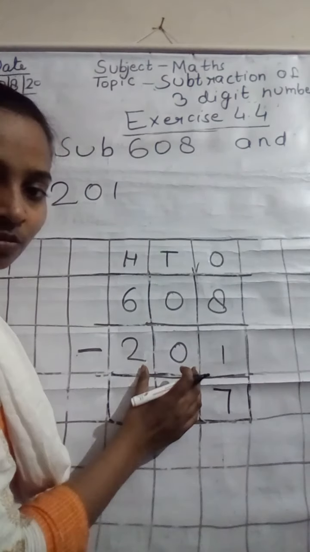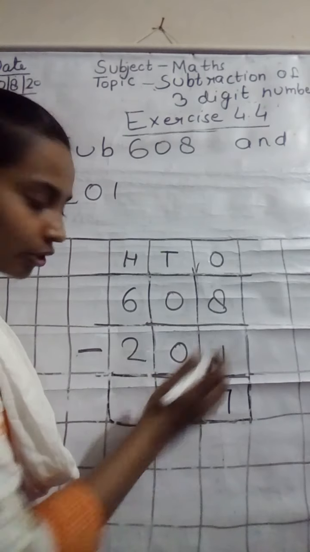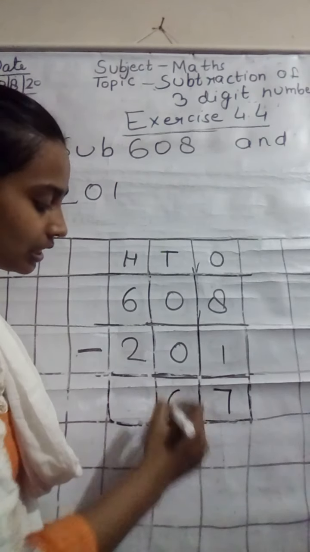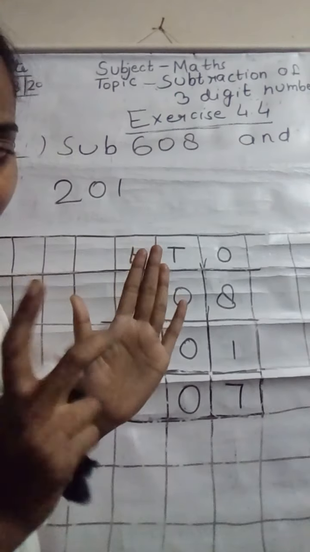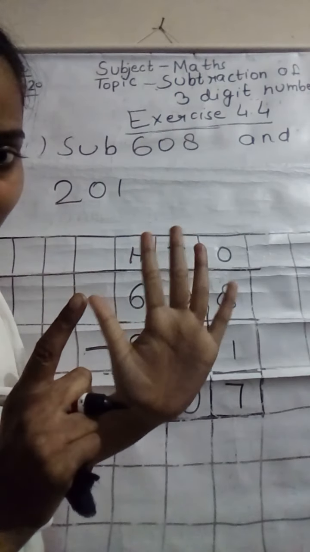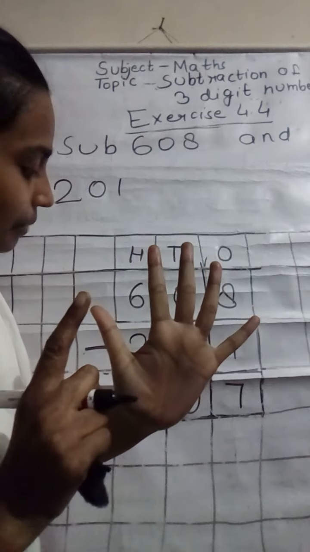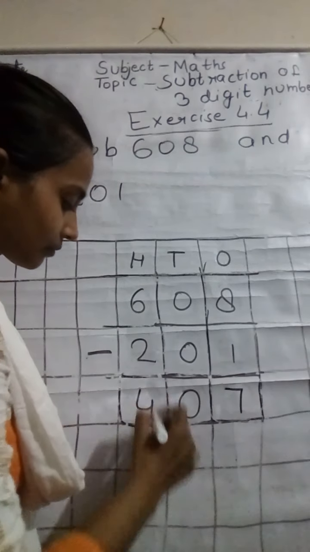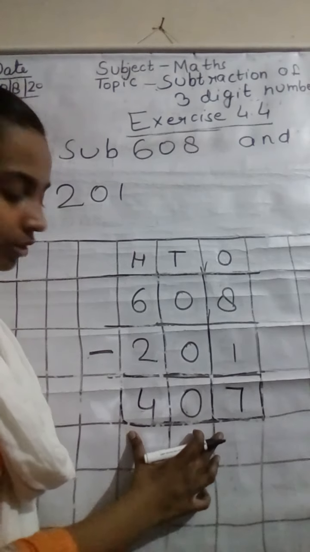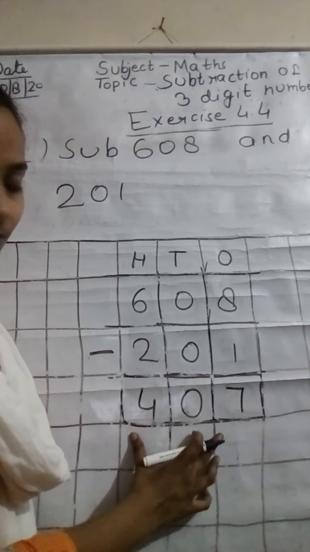Now 0 minus 0 is what? 0. Now 6 minus 2, how many? 4. So what is the difference? 407.